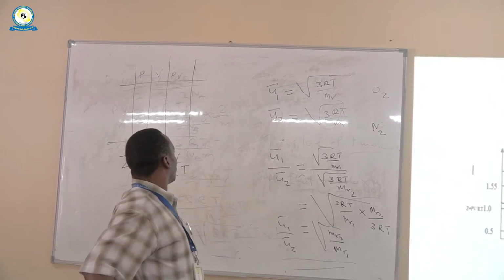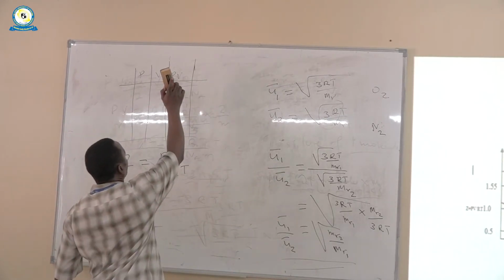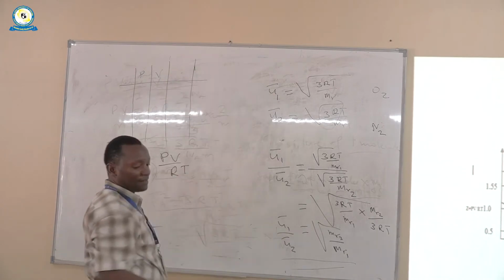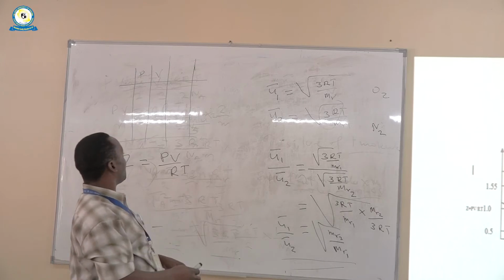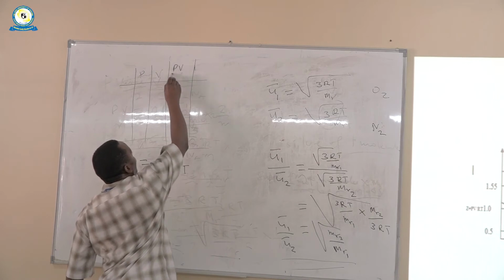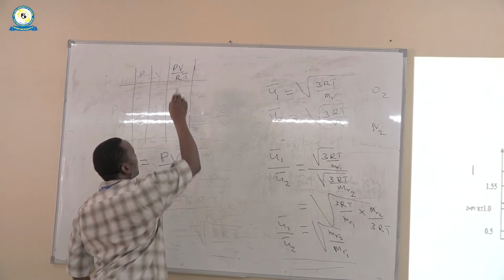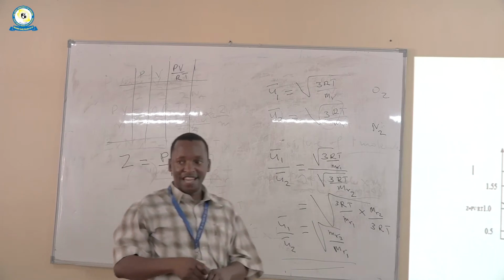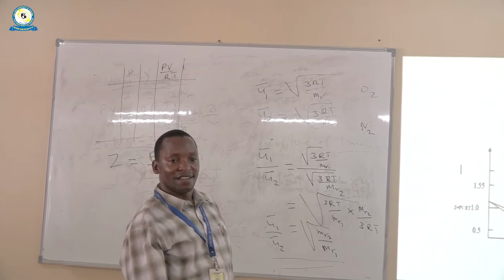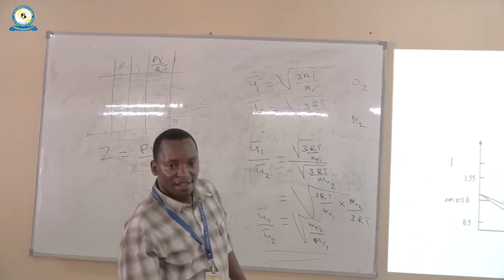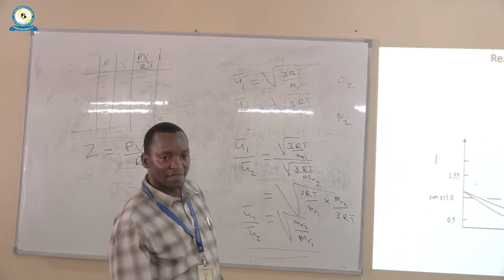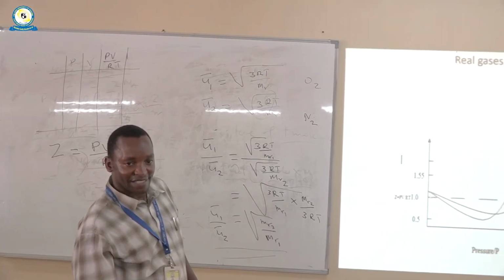So again, having the values of pressure, values of volume, and then having the data for this one, when trying to plot the graph, we see that there was variation like that.